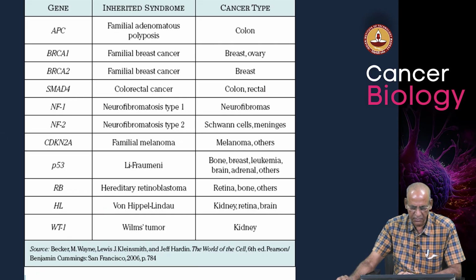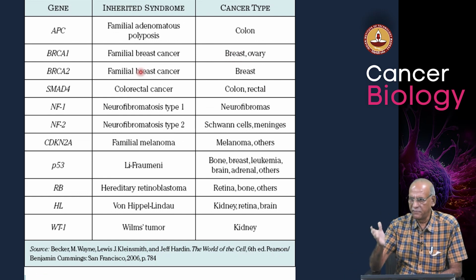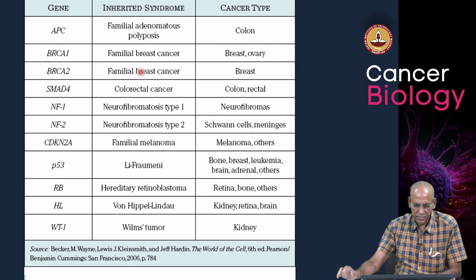For example, you could remember this table. APC, I told you, familial adenomatous polyposis. In colon cancer, it is inactivated. Tumor suppressor gene means usually it is inactivated in cancer. So, BRCA1, BRCA2 obviously in breast and ovarian cancer.